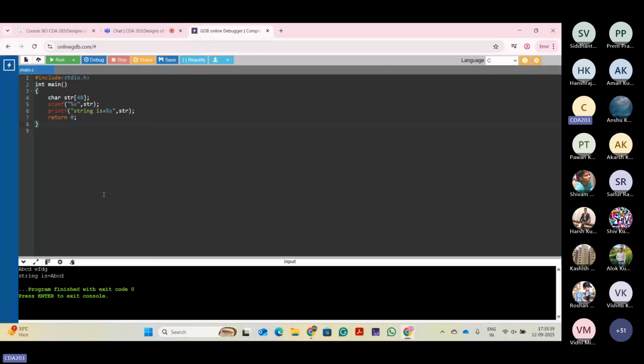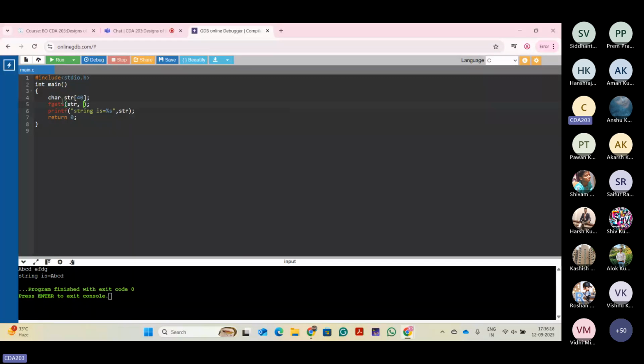So for that we are using fgets. For fgets you need the following things. This str is actually the pointer to the variable where we are storing our string. Whatever we are entering, it is telling the function that the input will be stored inside this str.